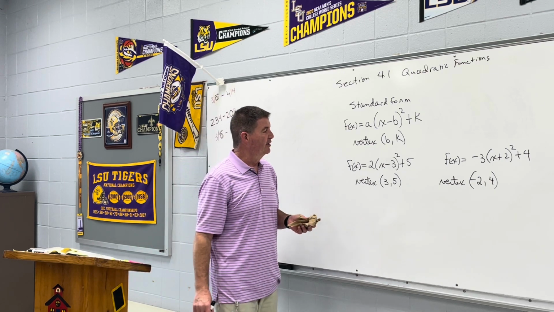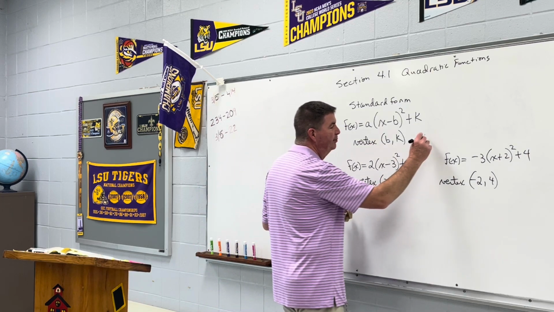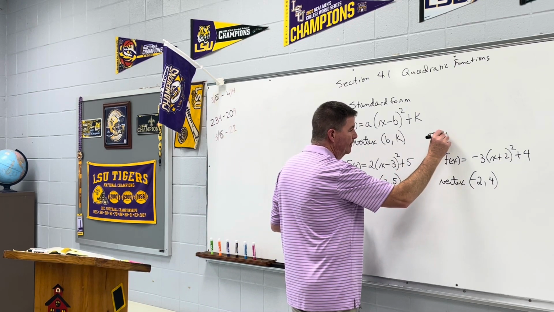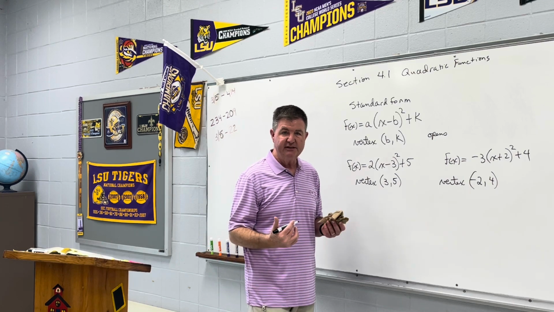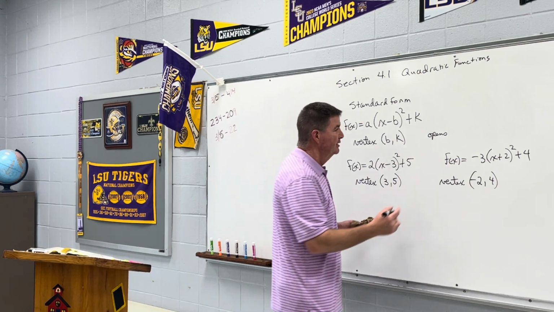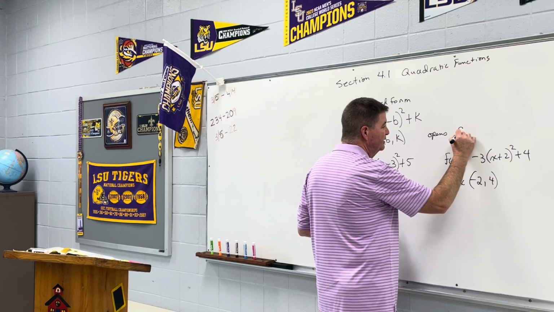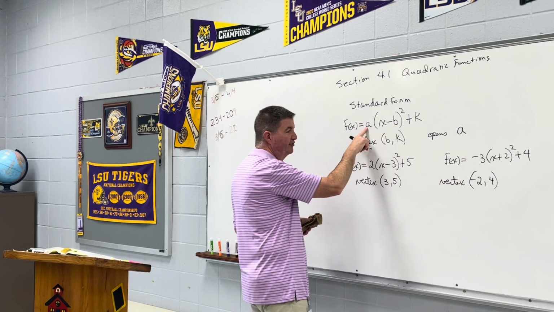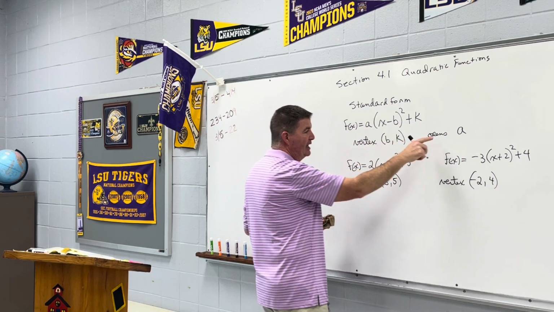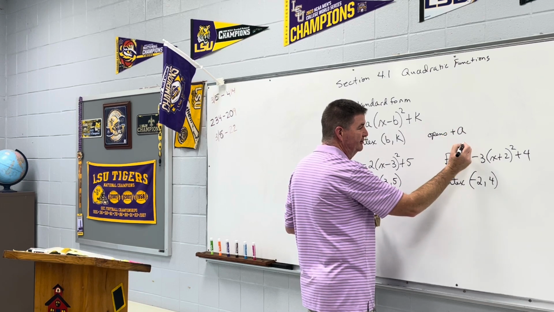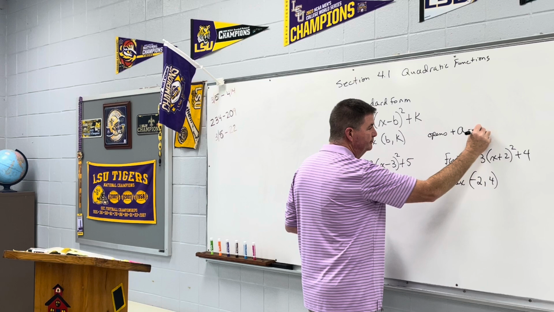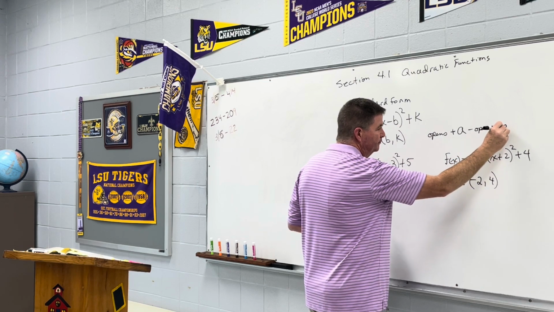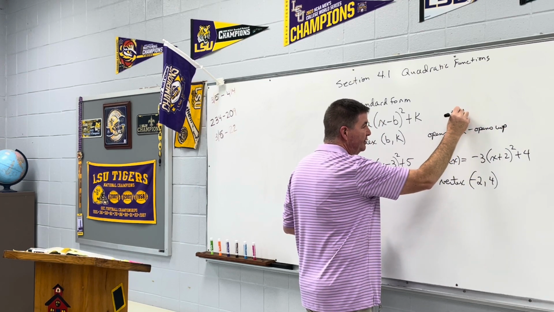The next thing we're going to look at is opens. Opens means, does it open facing up or does it open facing down? So opens deals with the letter a, which is in front. If a is positive, then the parabola opens up, which means it looks like this.